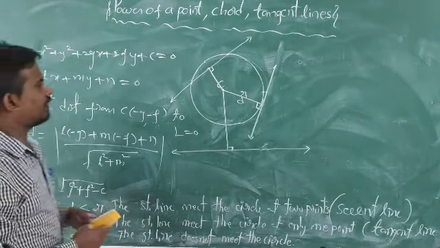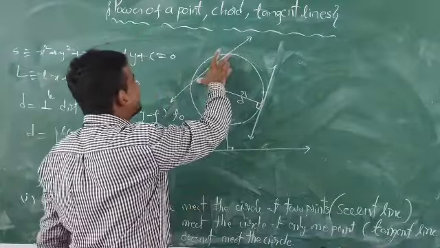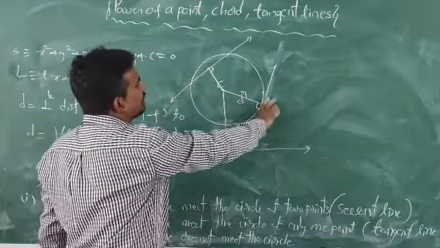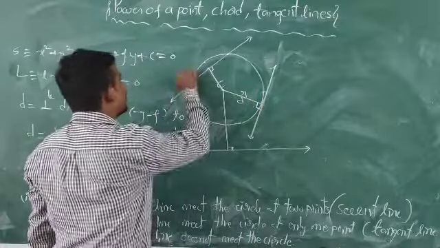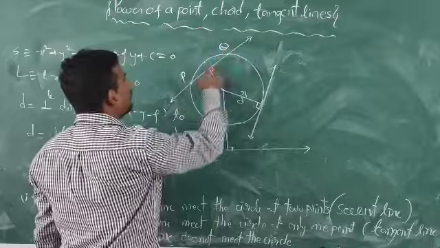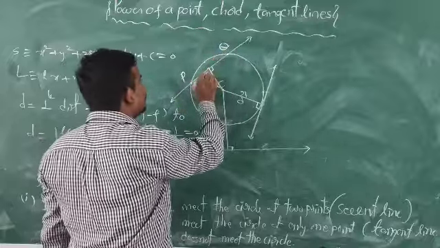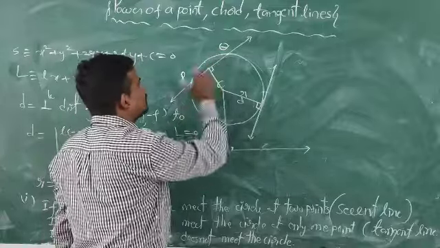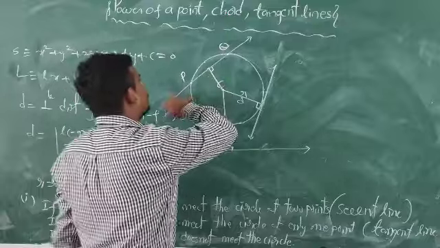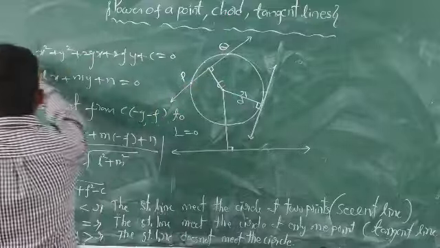Now I want to explain the equations of these secant lines and tangent lines. First of all, if the points are P and Q, PQ is a secant line, and the line segment PQ is called a chord. Just the segment is a chord. I want to find the equation of the secant line PQ with respect to the given circle.